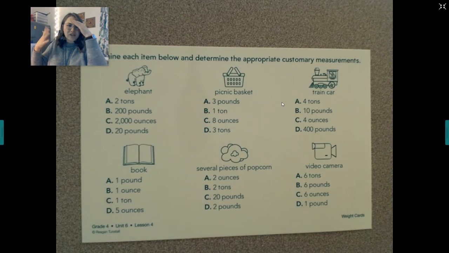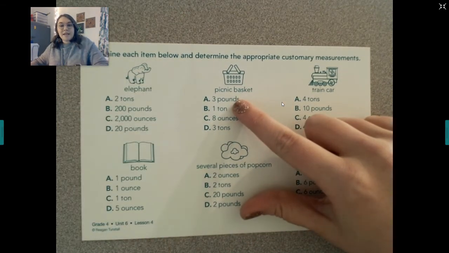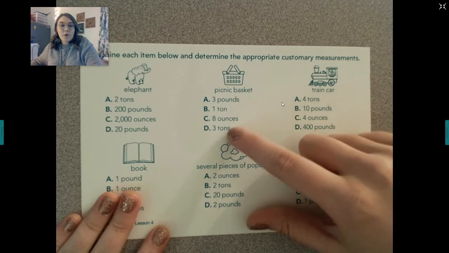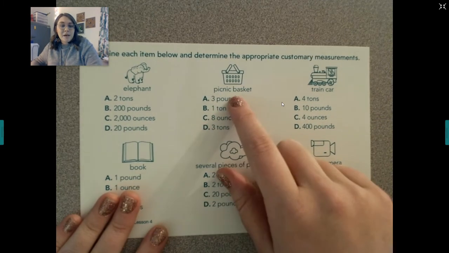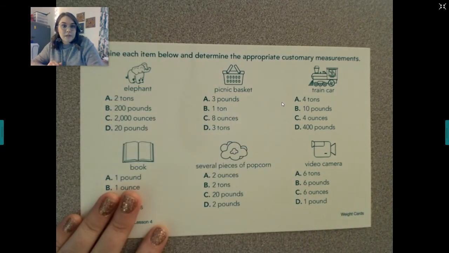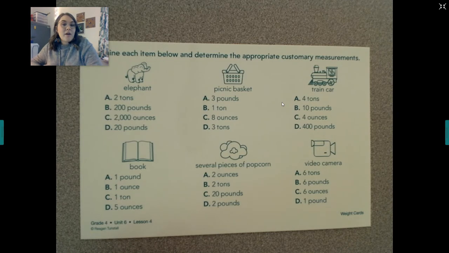Elephants are huge. What about a picnic basket? Do you think it's 3 pounds, 1 ton, 8 ounces, or 3 tons? Well, automatically I can take out the tons, because a picnic basket doesn't weigh anything close to an elephant. So do you think a picnic basket is 3 pounds, or about 8 ounces? 8 ounces is pretty small.